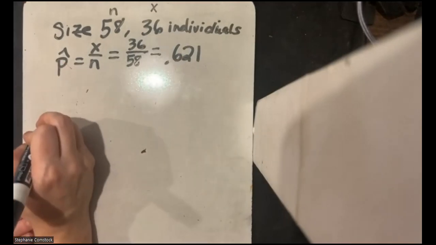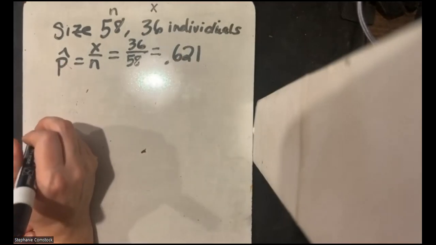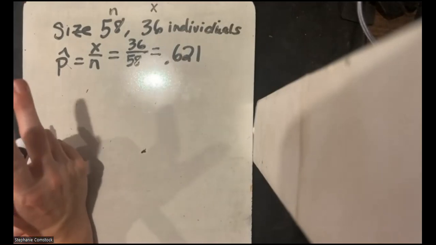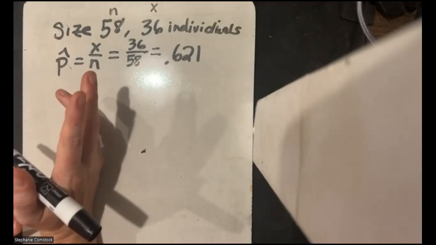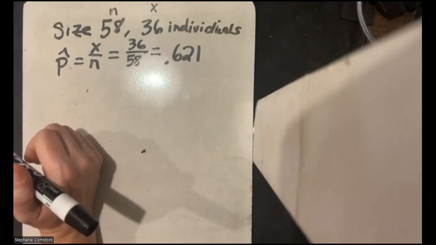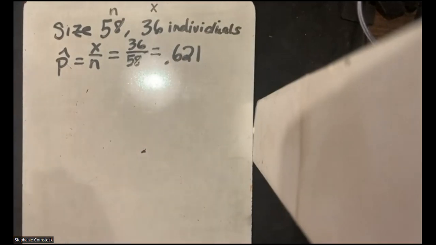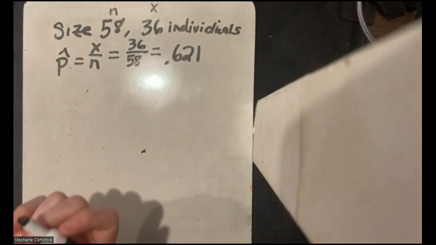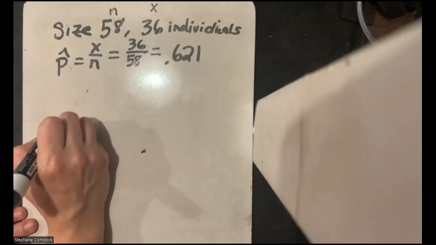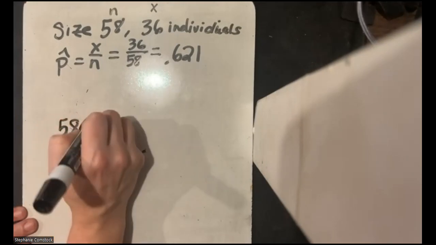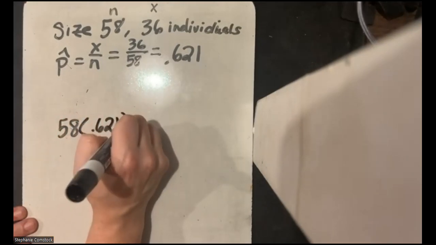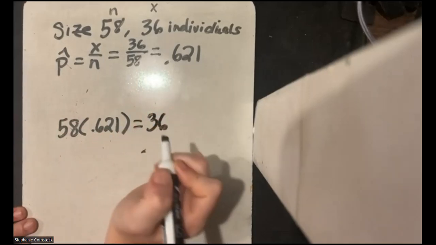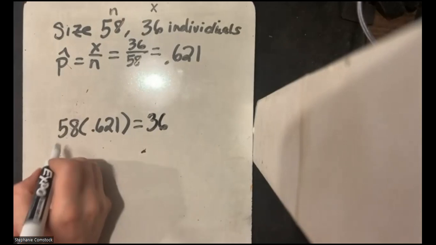Now, are the assumptions for the hypothesis test satisfied? We did have that it was simple random. We have to assume that the population is more than 20 times the sample. We do have the two categories: either they're in this category of 36 individuals or they're not. And now we have 58 times 0.621, which comes out to be 36, since that's just the multiplication back up again.